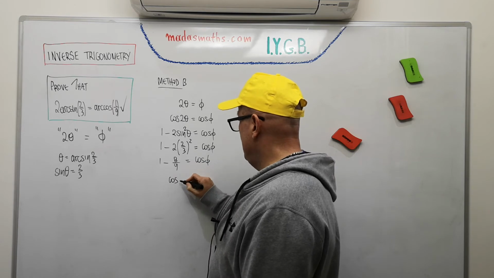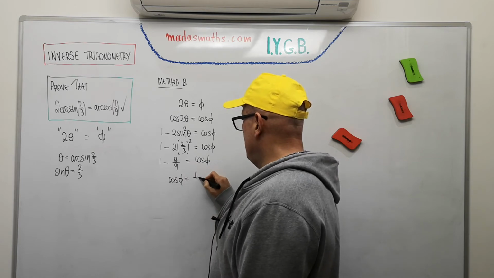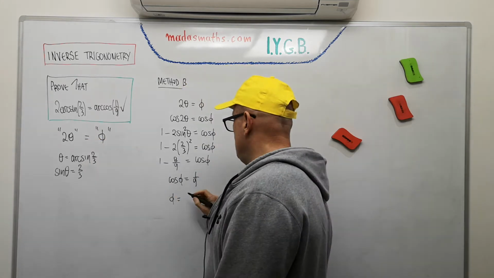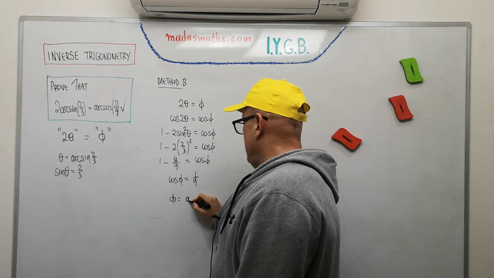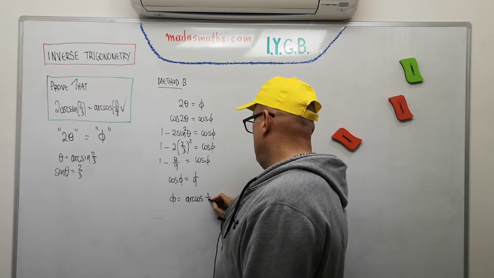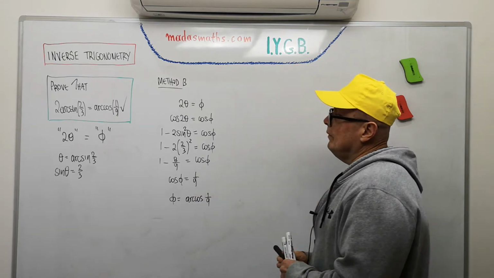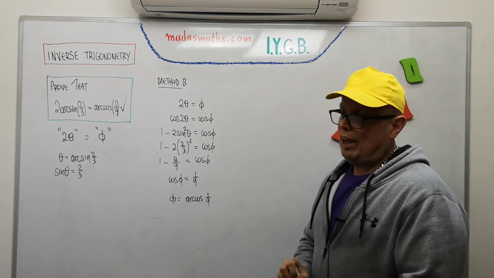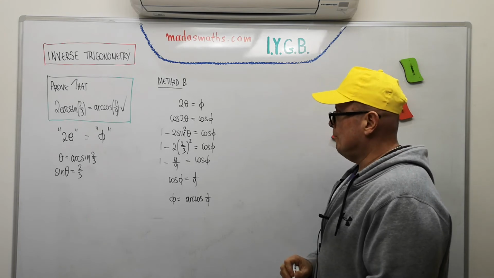And we have cos phi is 1/9, and therefore phi, whatever this thing will be equal to, the required answer is the arccos of 1/9, and we're done. Okay, so that was a little variant. We didn't have to use any triangles for this particular problem.